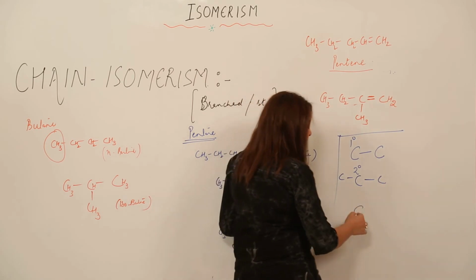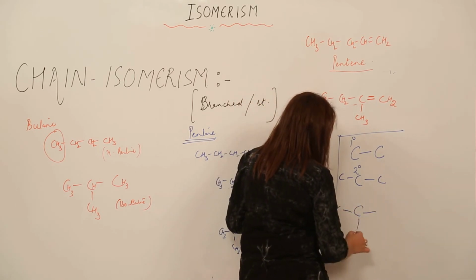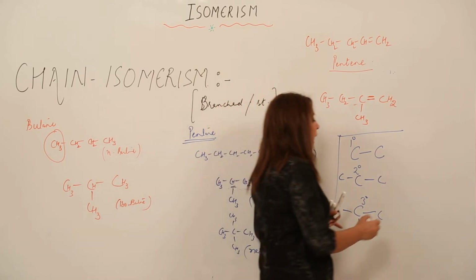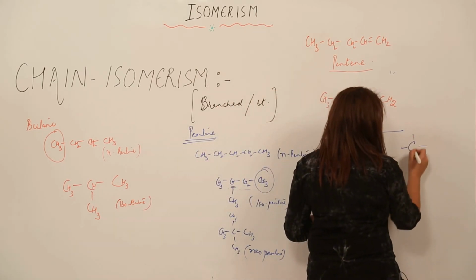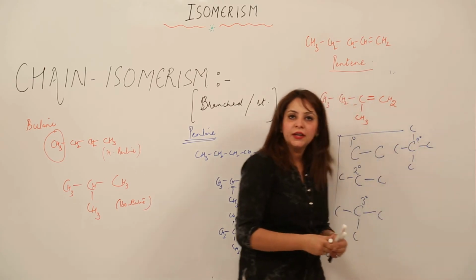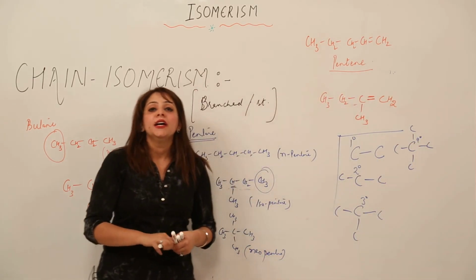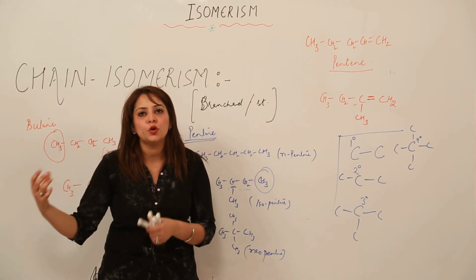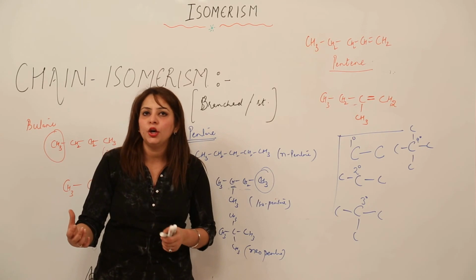If one carbon atom is attached directly to 3 carbon atoms, it is said to be 3 degree. And if one carbon atom is attached directly to 4 carbon atoms, it is called 4 degree. This is how we classify the carbon atoms of a chain as primary, secondary, tertiary, quaternary, or 1 degree, 2 degree, 3 degree, or 4 degree.